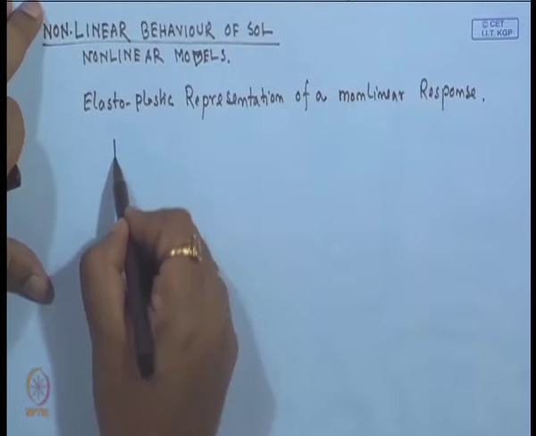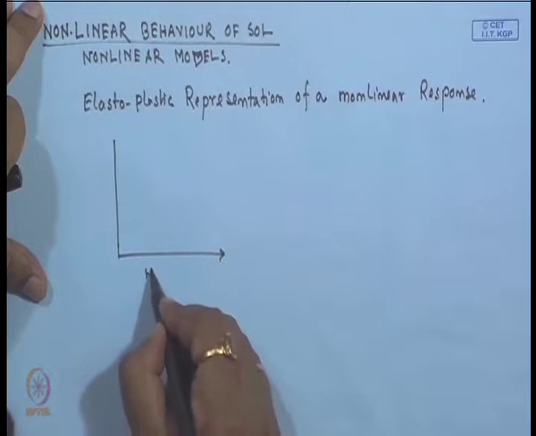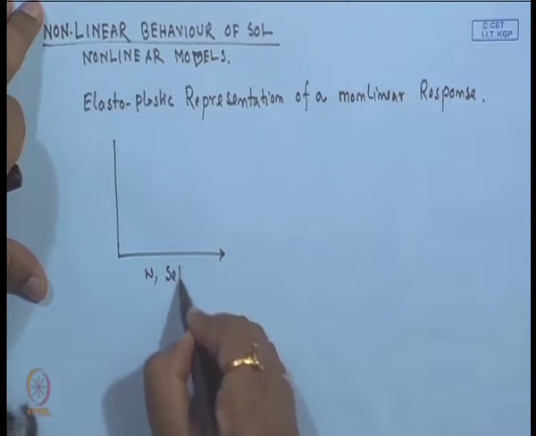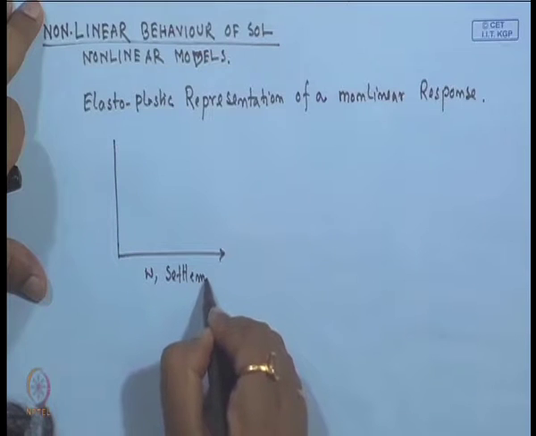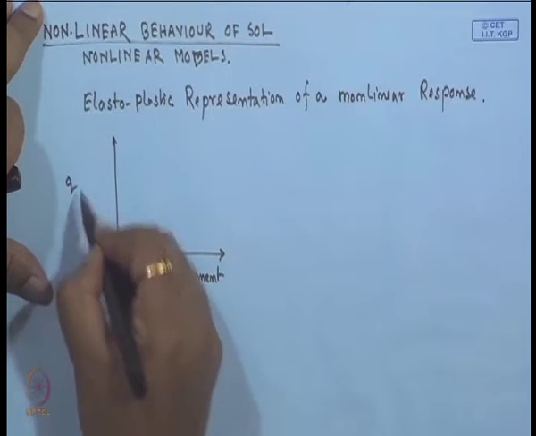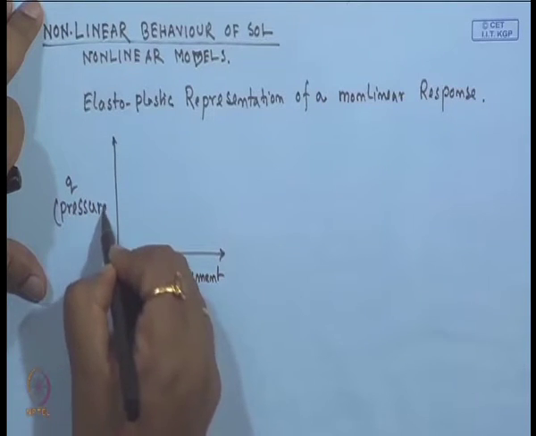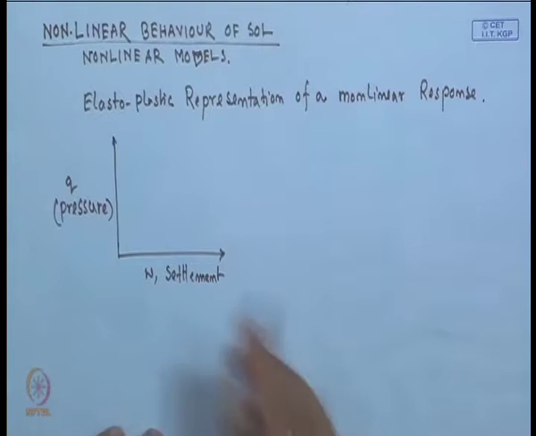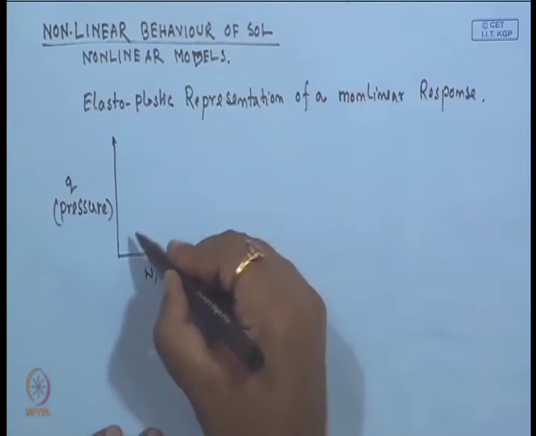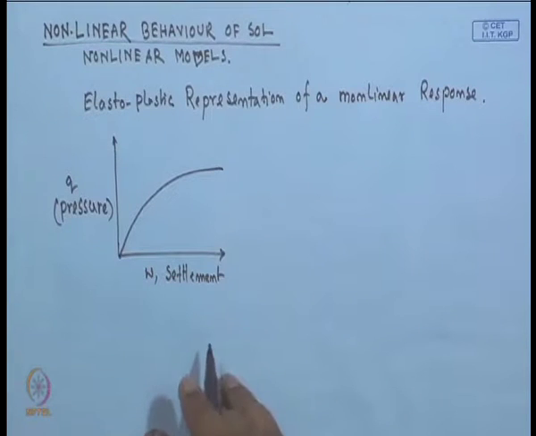So, suppose you have the pressure here, this is W, the settlement, and Q is the pressure. So, we have Q and W, and the soil behavior is this one. This is the load settlement curve of the soil.